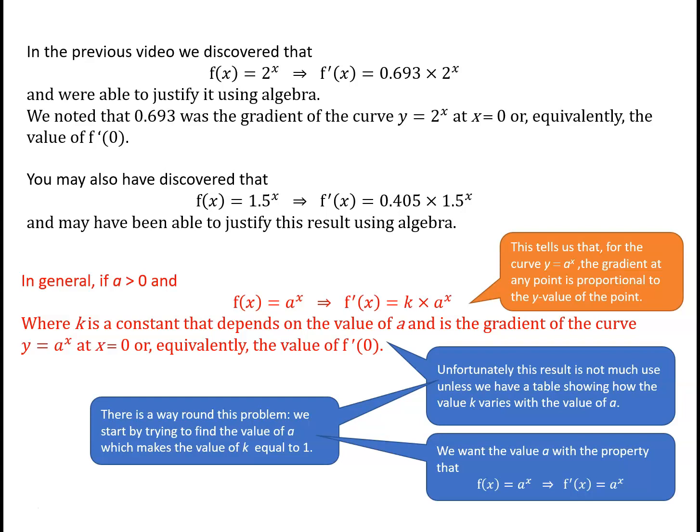So what we're trying to find is the value a with the property that if f of x is a to the power x, then f dash x, the gradient function, is itself 1 times a to the x. In other words, the gradient function is also a to the x.